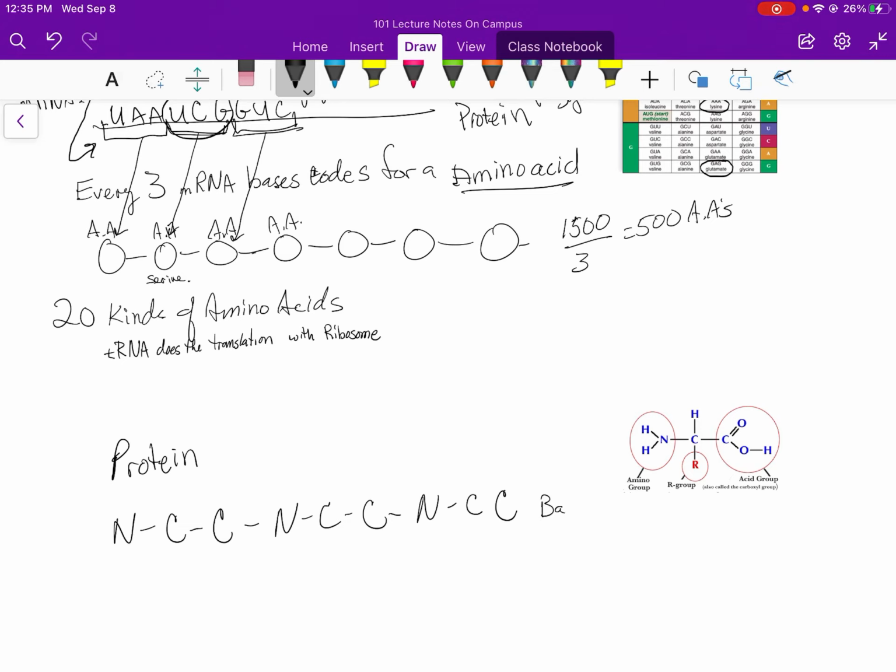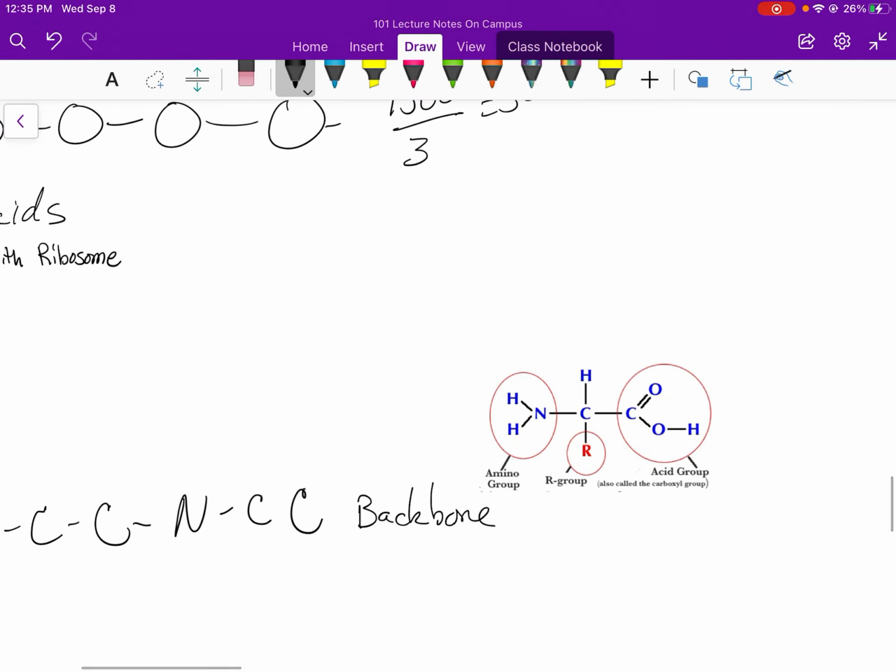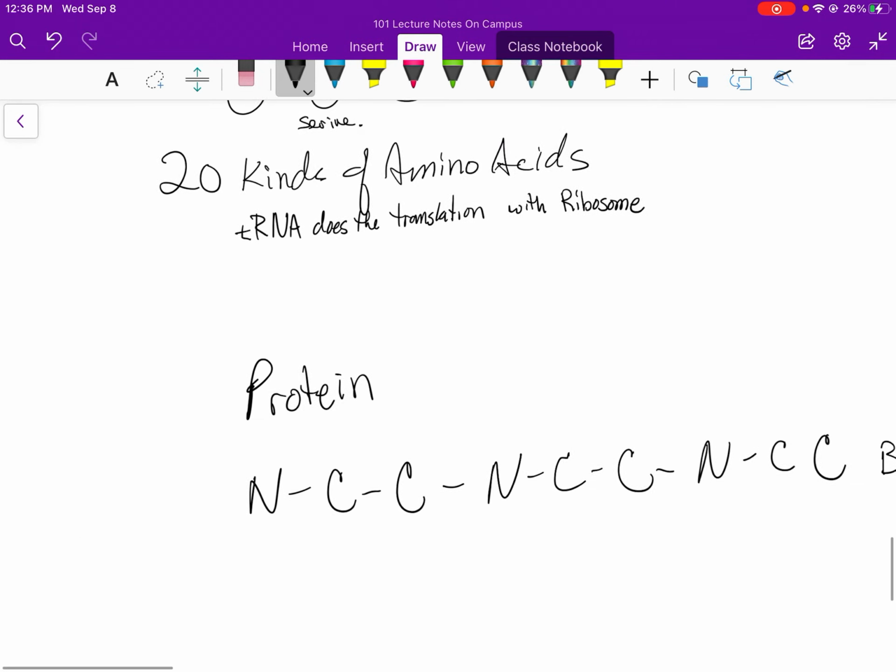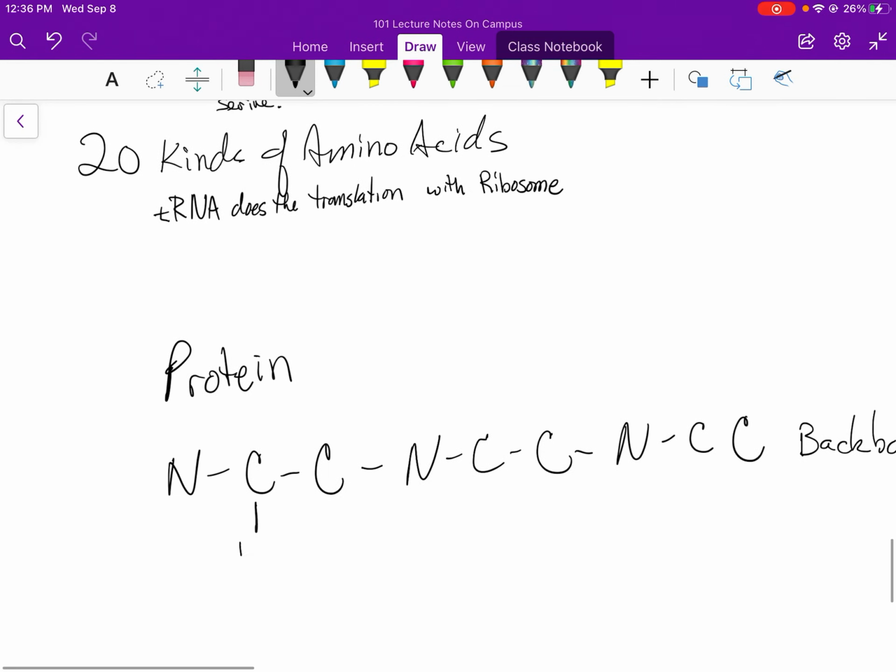It has a nitrogenous backbone. And then for each amino acid, they all have in common, you see this nice diagram here. This is why it's called an amino acid, because this is the base amino acid. It has an amine group and an acid group. But more importantly, it has this R group. Now the R group is what makes each of the 20 amino acids unique. So you can pretty much tag on here an R group.